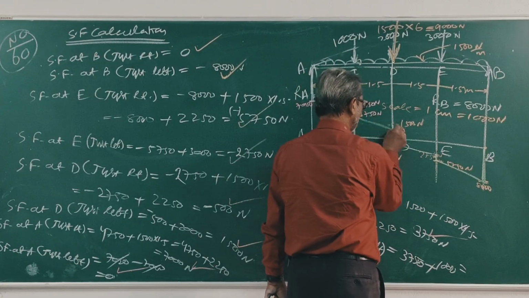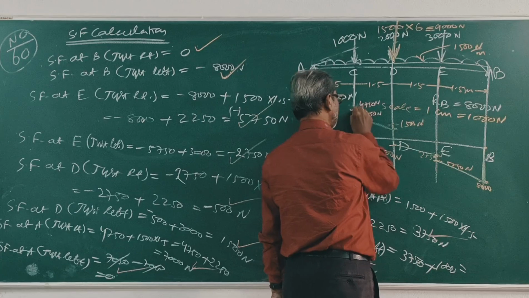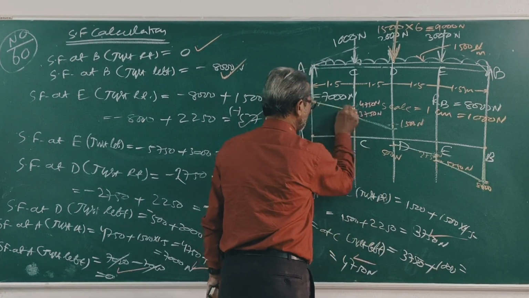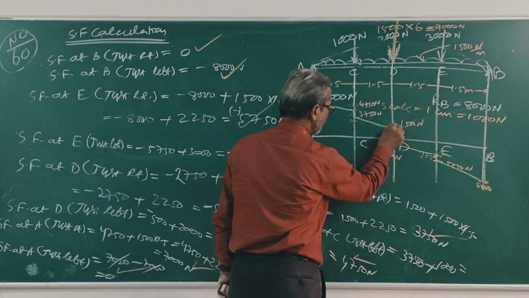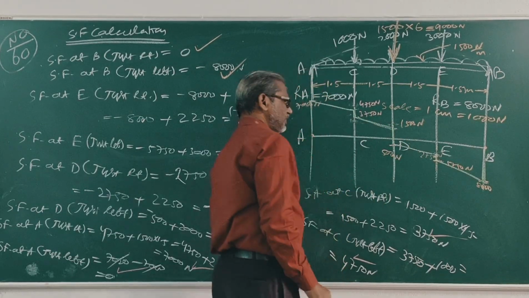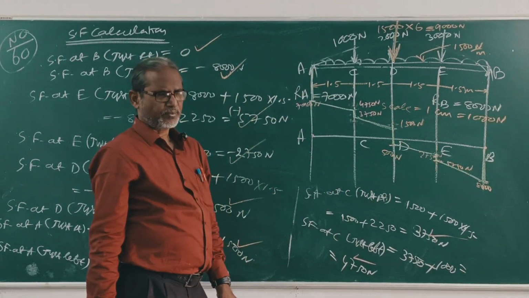Clear? 3750, 4750, 7000, 0. This is the shear force diagram.